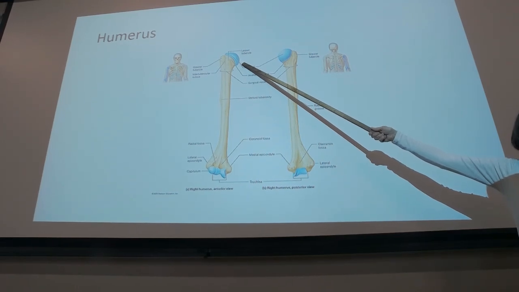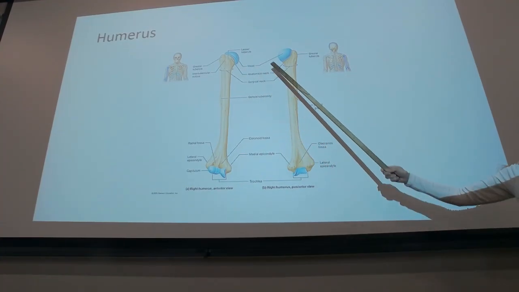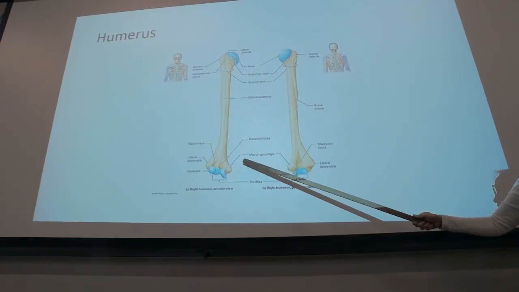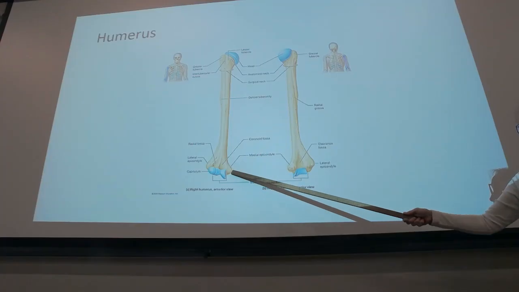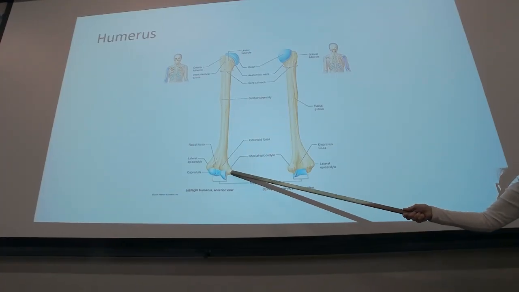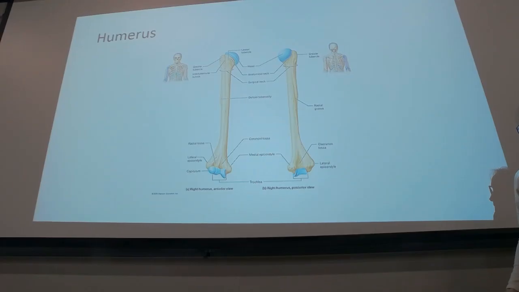The head always faces medially because it has to articulate with the scapula. So then, if you just slide your eyes below, looking at this area, this will be the medial epicondyle, while this one will be the lateral epicondyle.